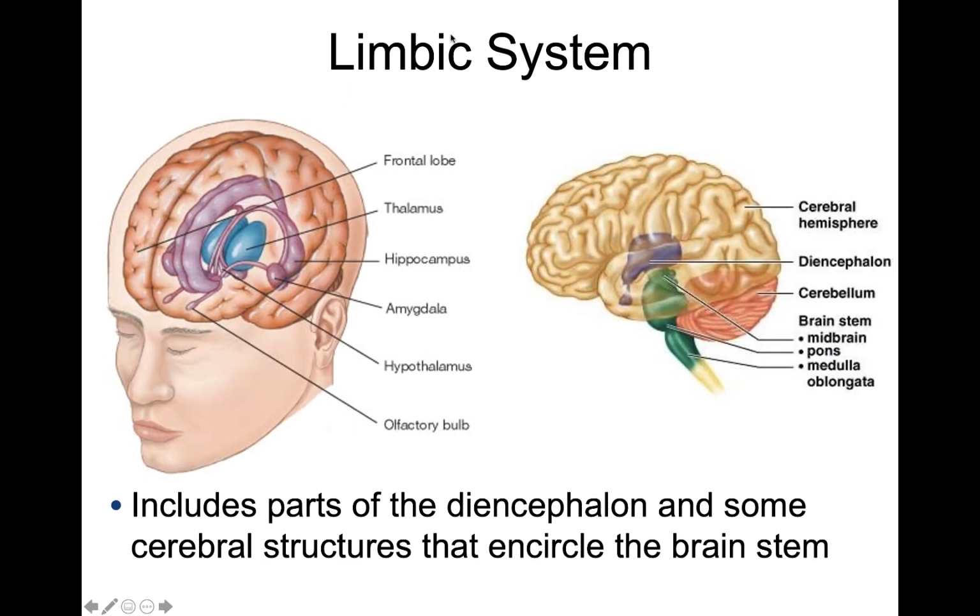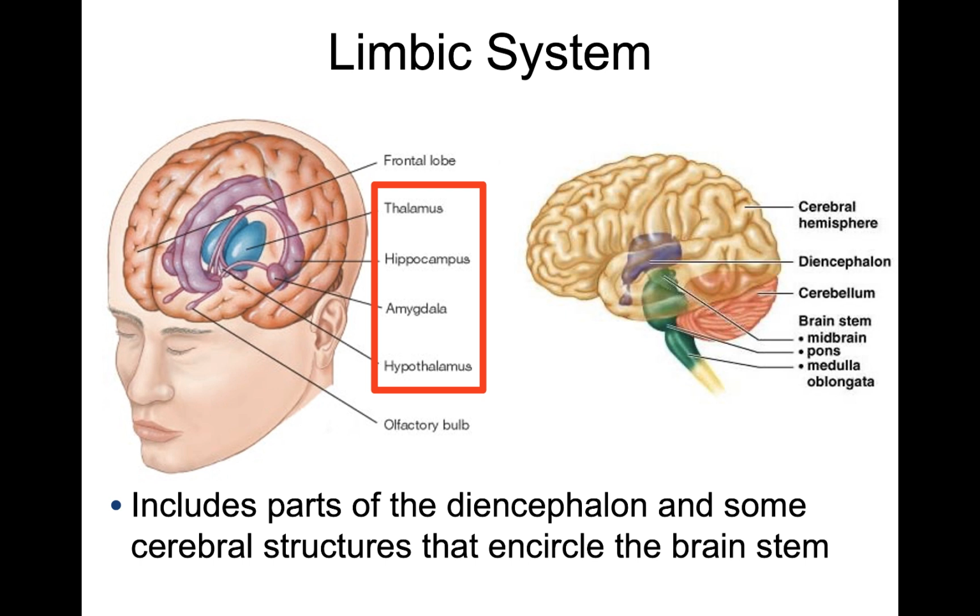So the limbic system, like I said, the neurobiologists take parts of the brain that work together and make it a system. The limbic system includes part of the diencephalon, not the whole thing, and this box shows you the parts of the brain that are included in the limbic system. It can differ depending on who you're asking and how much research there's been in the area.